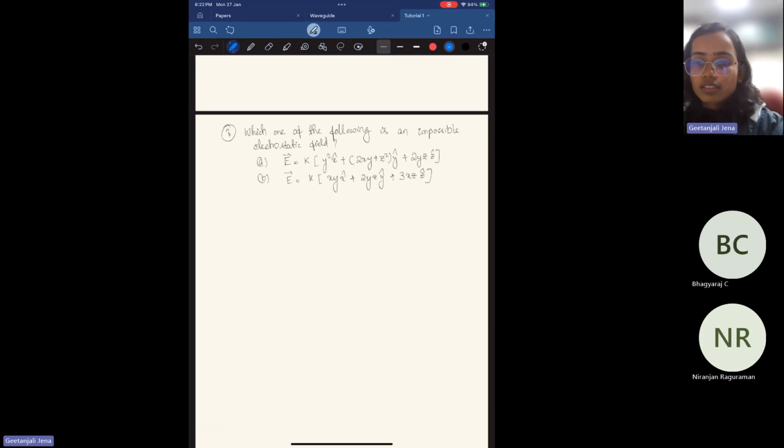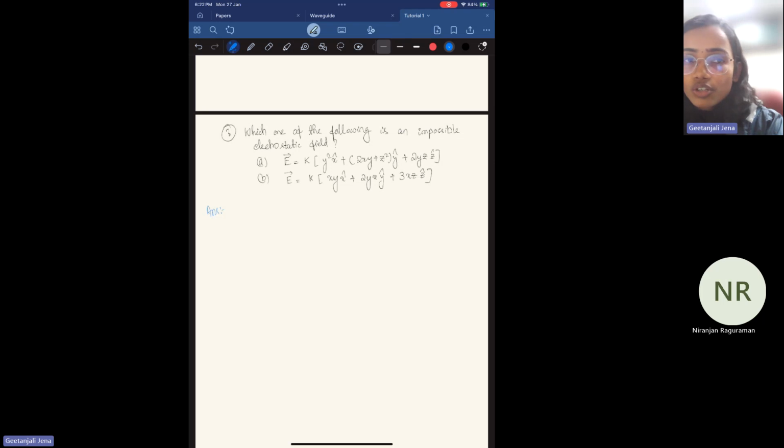So third question, it's based on whether the electric field that is given to you is an electrostatic field or not. So let me read out the question. Which one of the following is an impossible electrostatic field? So if you recall, what are the conditions for an electrostatic field?